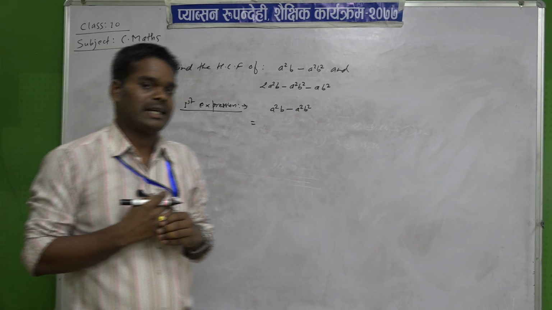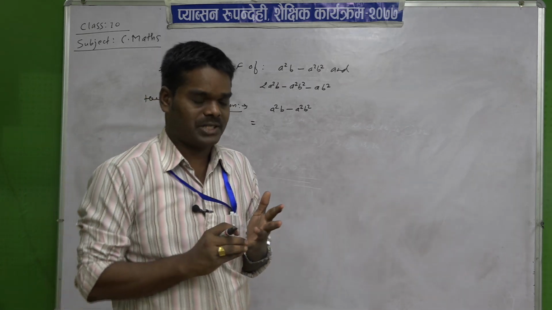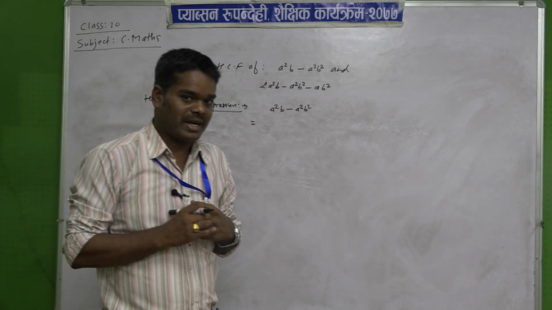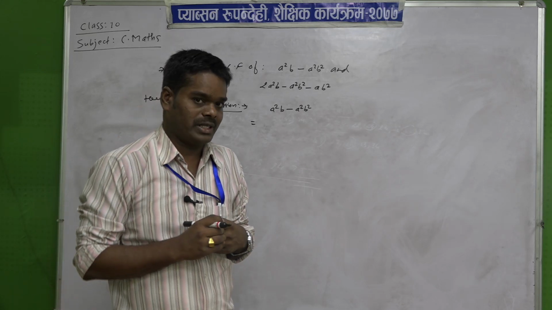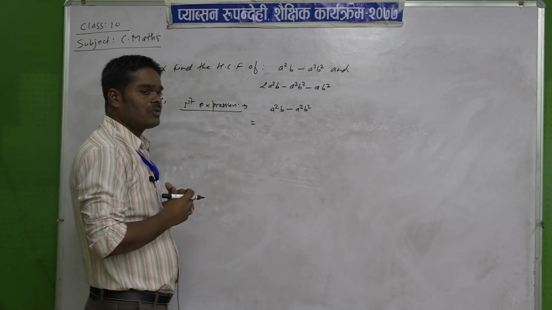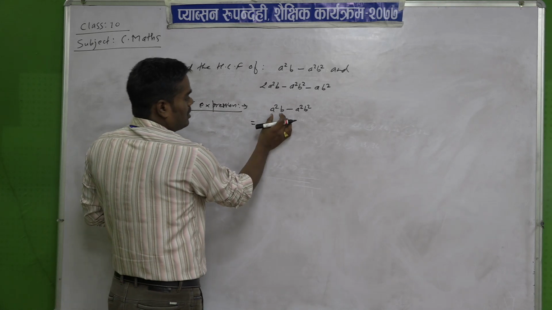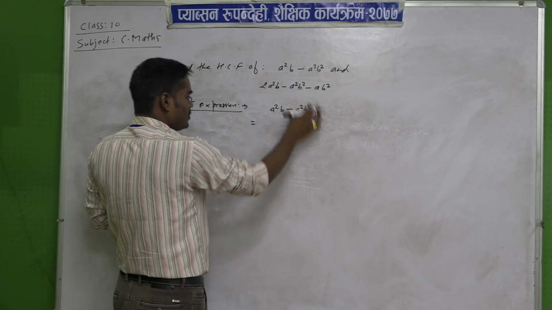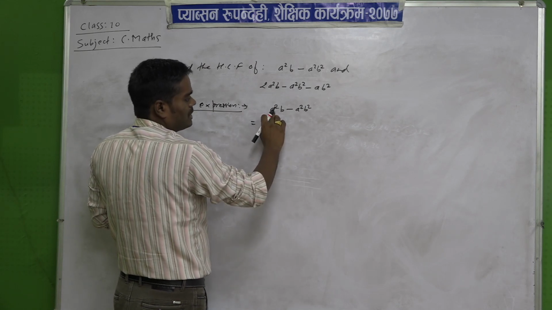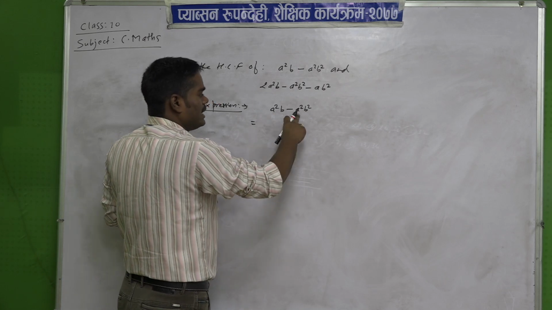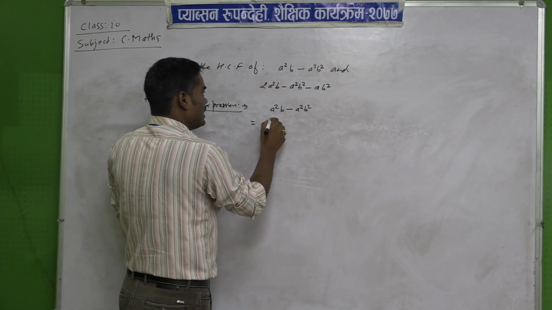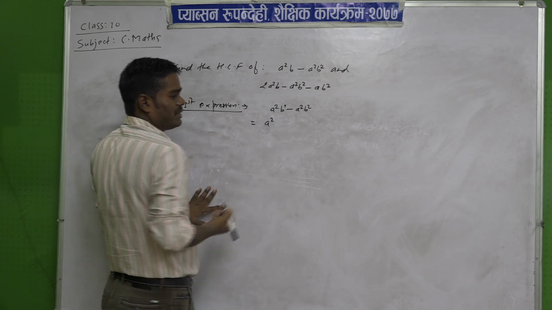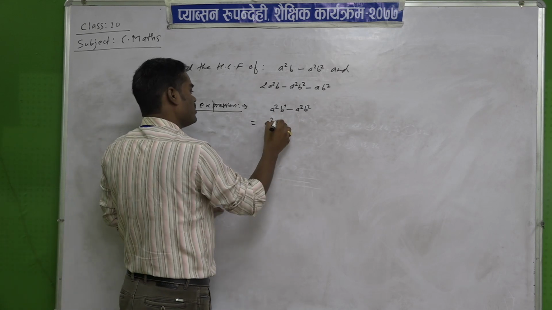To factorize any kind of expression, either binomial or trinomial and so on, firstly, my dear students, you have to see whether there is a common factor or not. If there is, firstly you have to take the common. What is common here? A square is in both terms. In the first term b power 1 and in the second term b power 2, so we take the lowest power, that is b.